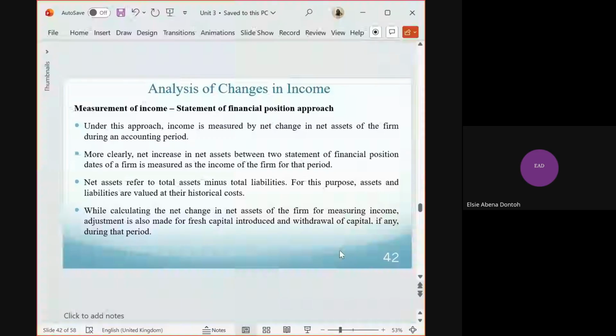For this purpose, assets and liabilities are valued at their fair value, and the change in net assets of the firm is used for measuring income.